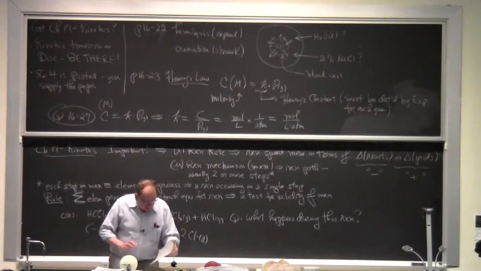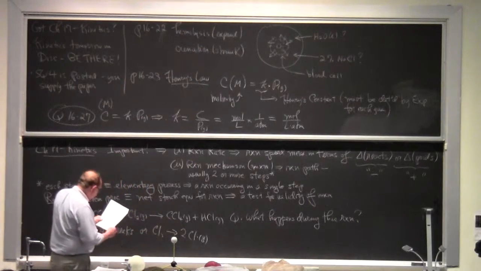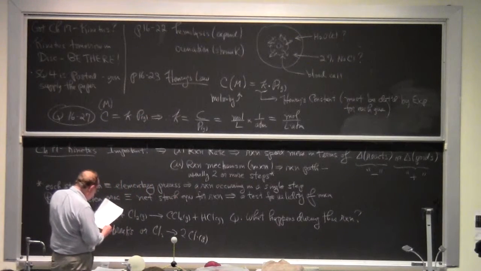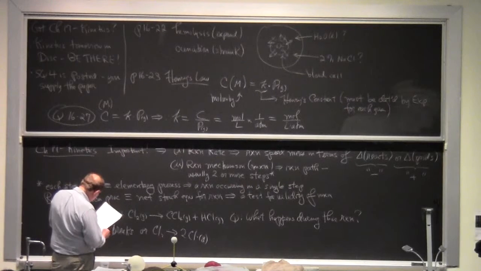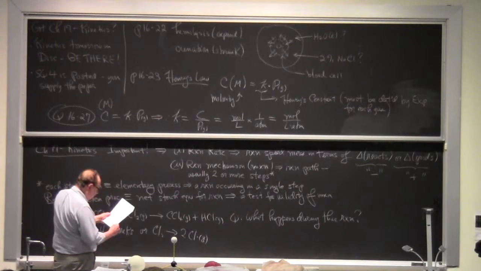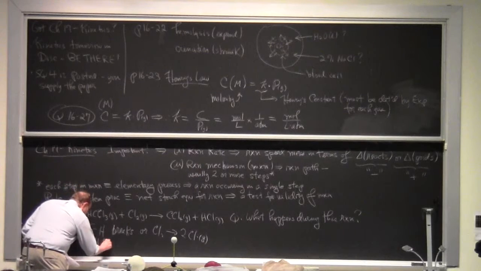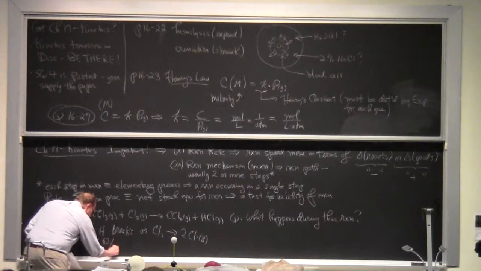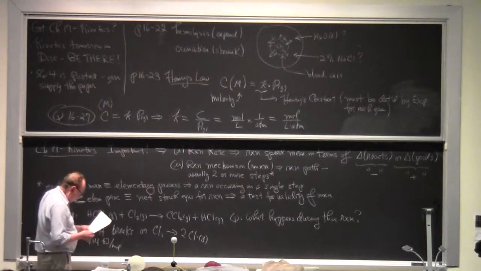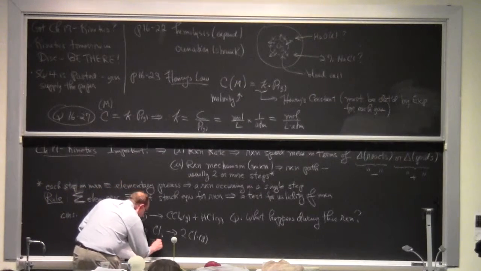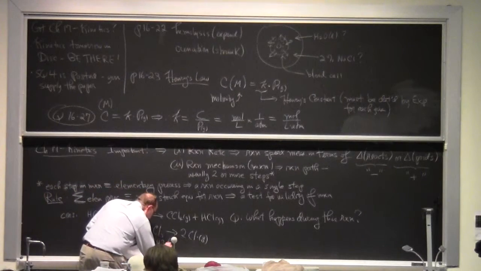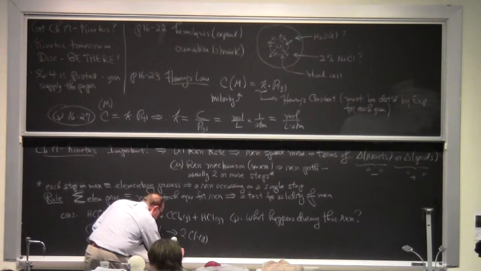I wrote the information down here. Let's see, carbon-hydrogen. Here it is: 414 kilojoules per mole versus 243 kilojoules per mole.